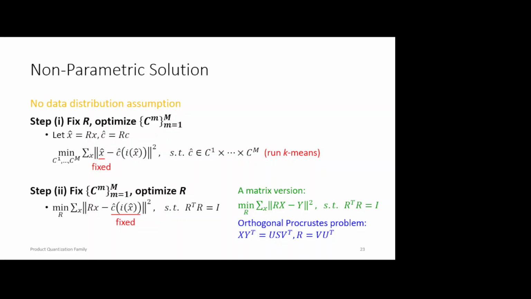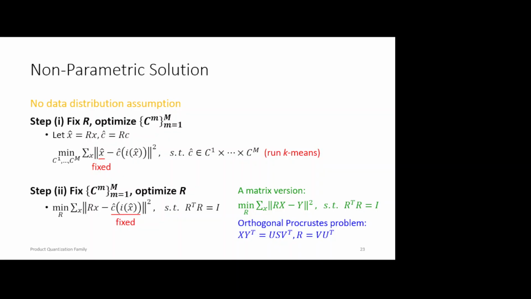So here we let X hat be Rx and C hat be Rc, and you can rewrite the above equation like this. Because R is fixed, Rx is fixed, so we just try to optimize your codebook. Here, you simply run k-means to find the best codebook in step 1.